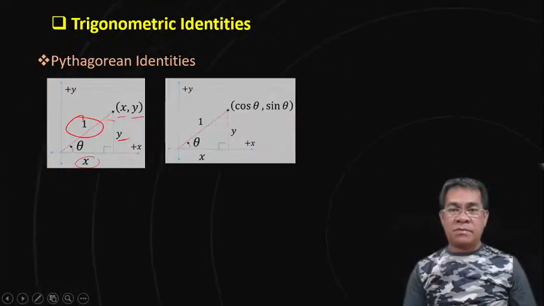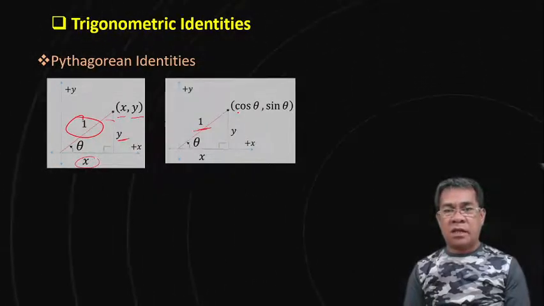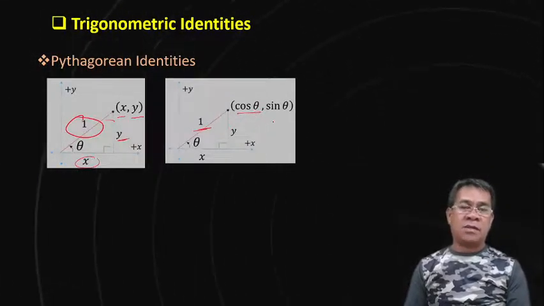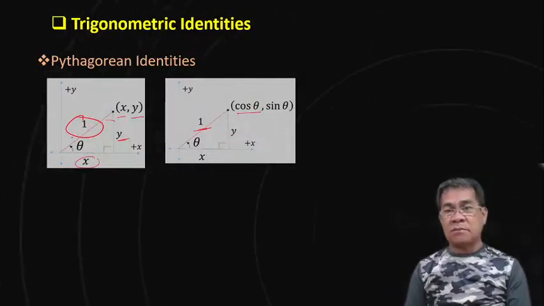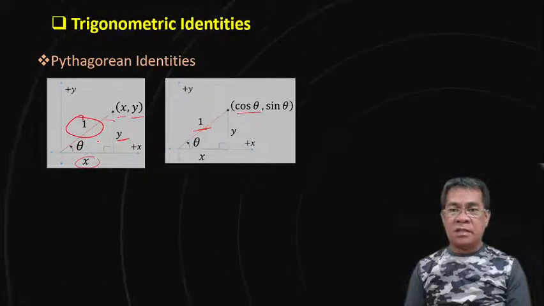So we will be using this right triangle. Now in our previous video, remember, if the hypotenuse is 1, then x can be replaced by just the cosine of the angle theta. Also, y can be replaced by sine of theta. The reason is, in the right triangle, sine is opposite over hypotenuse, so the sine of the angle theta is y over 1.